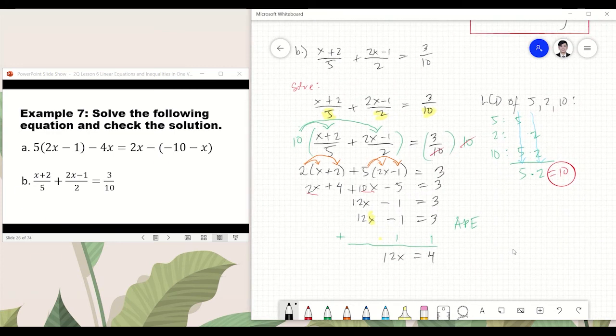And then, meron pa tayong 12 dito as a coefficient of x. So, yung goal natin is magiging 1 siya. So, we use MPE. So, multiply lang natin 1 over 12 in both sides.